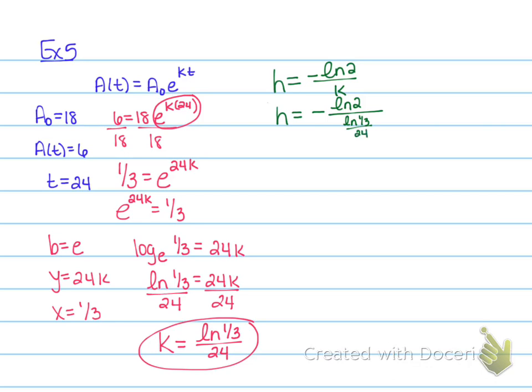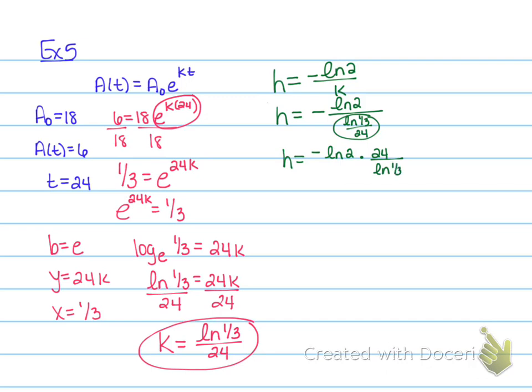Well, remember when you're dividing with fractions, you multiply by the reciprocal, or keep it, change it, flip it. So h is equal to negative natural log of 2 times the reciprocal, 24 over the natural log of 1/3.